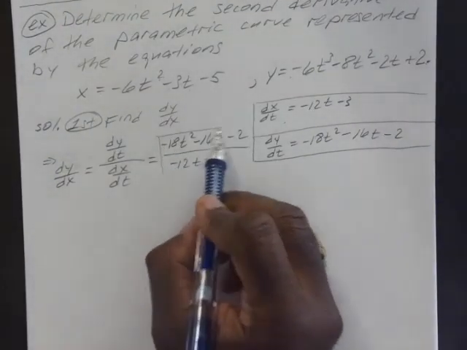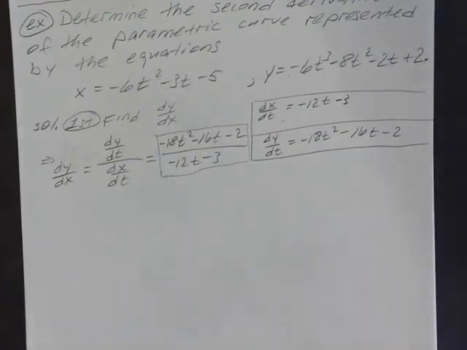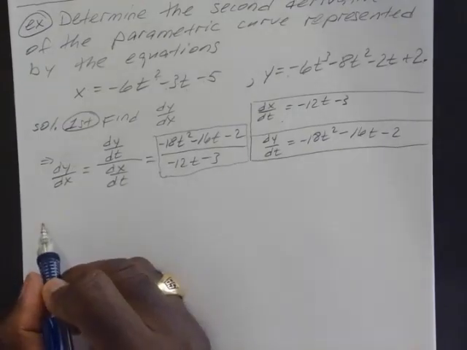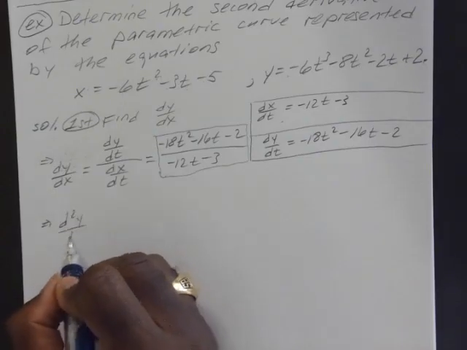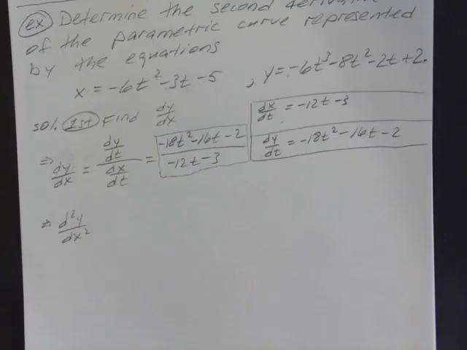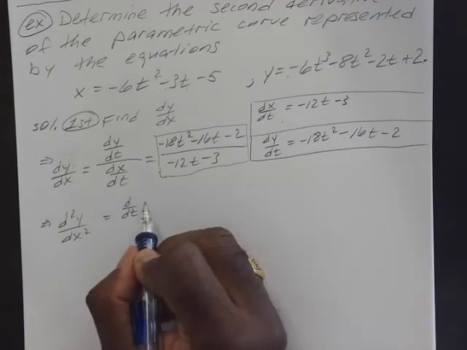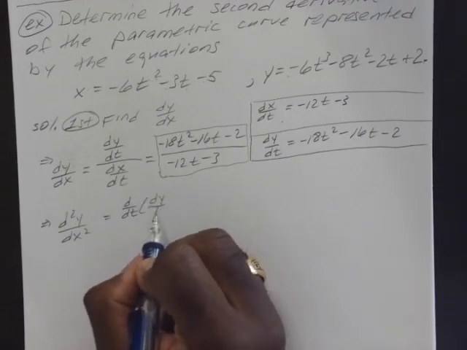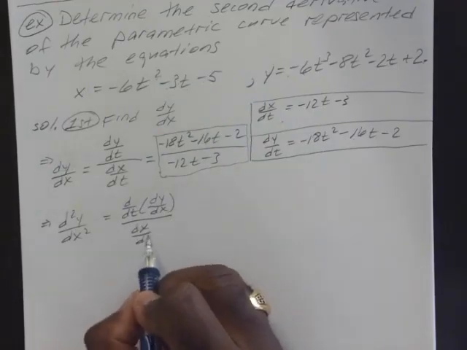Okay, so we're going to need that later, so we'll put a little marker around that one. Okay, we know that our second derivative of y with respect to x is just the derivative with respect to t of your dy dx divided by your dx dt.